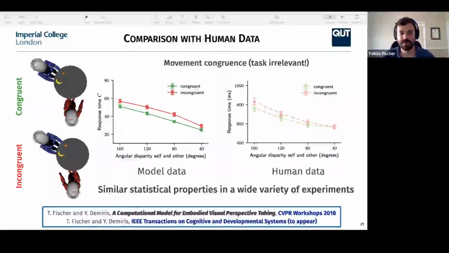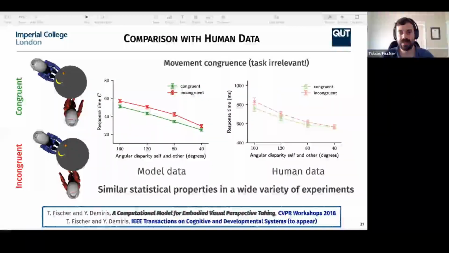Whereas at the bottom, the head is rotated to the right and the target robot is to the left. So that means they're incongruent. And now you can again compare the model data with the human data, running a variety of statistical tests, and you will see that there's a high similarity in the statistics.